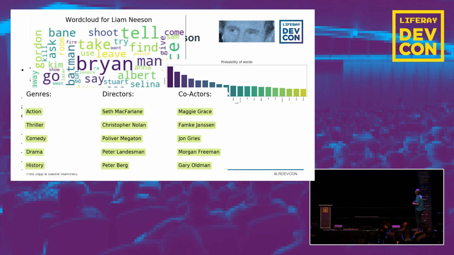So it looks like that: we get 5 different genres, directors like Christopher Nolan and Peter Berg, and recommended co-actors for Liam Neeson. That would be something like recommended co-workers within the department, for instance, that you would work with on Liferay, or there is a variety of other possibilities you could apply it to.